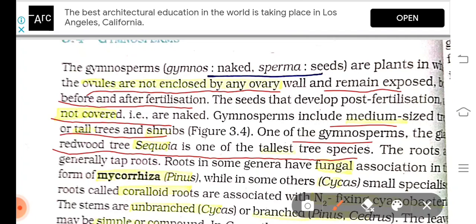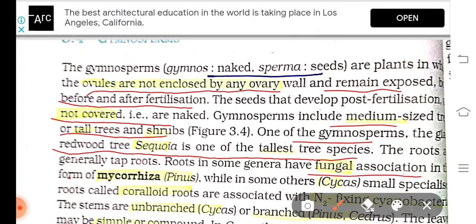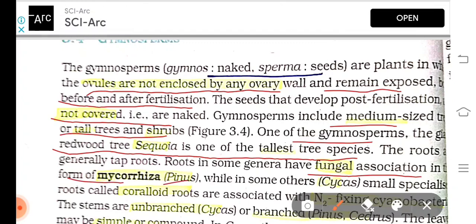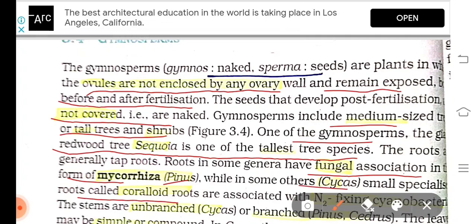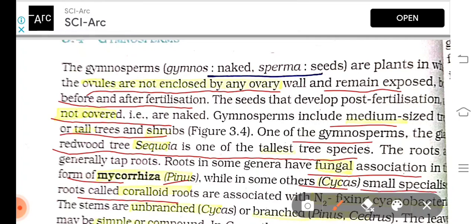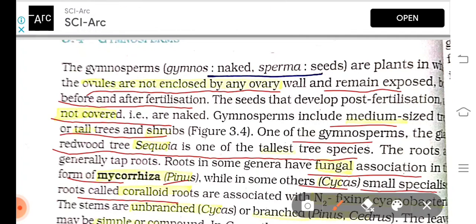And some of the roots of the gymnosperm have fungal associations in the form of mycorrhiza, which is in pinus. I have told you the example of pinus also. And in cycas there are small specialized roots which are called coralloid roots.